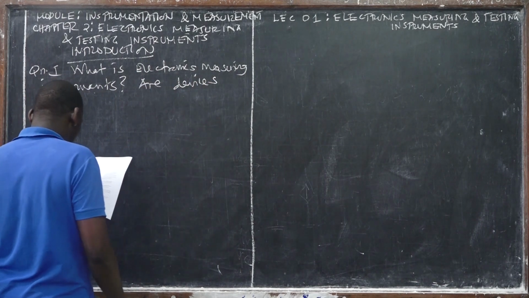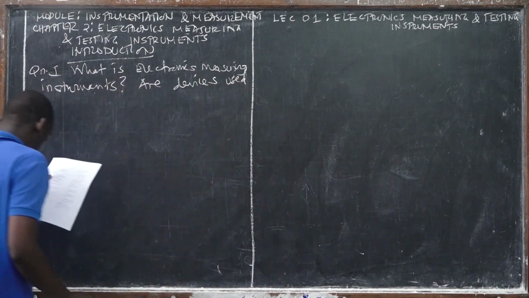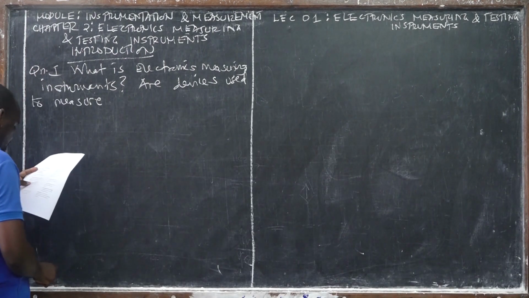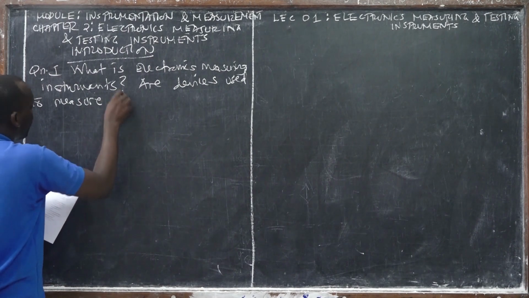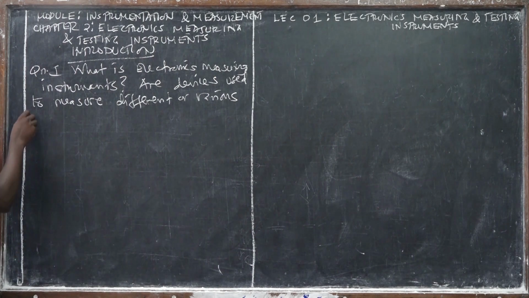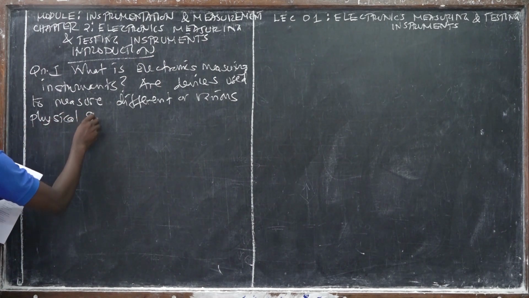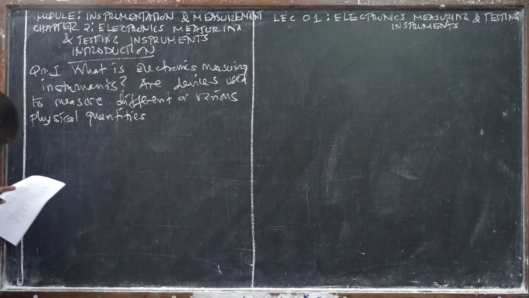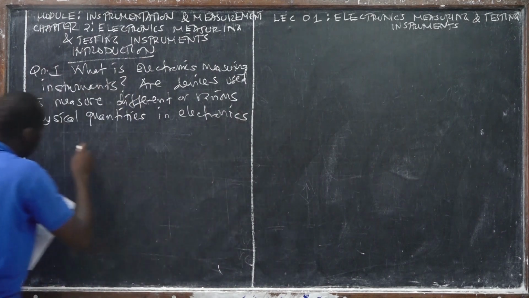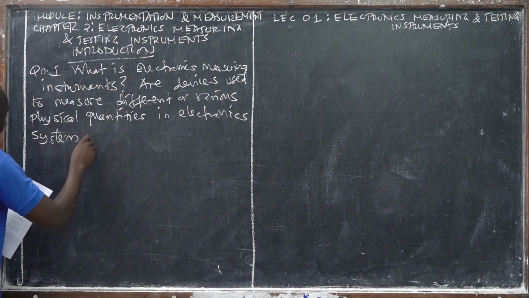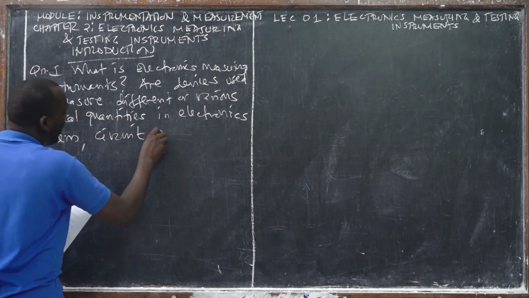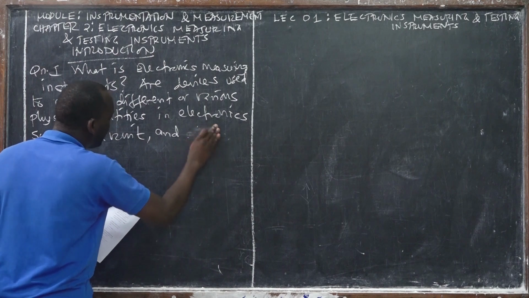We discussed devices, we discussed equipment. They are devices used to measure different or various physical quantities in an electronic system, or in an electronic circuit, or in electronic components.